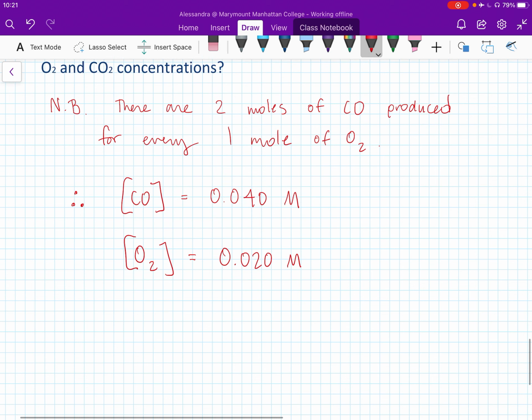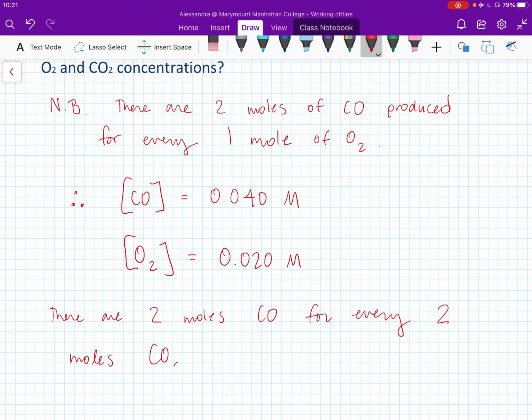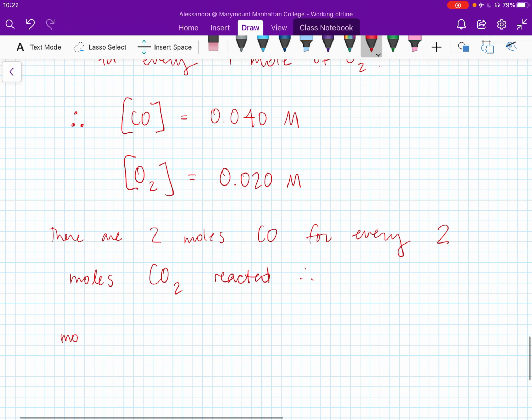So that means that because there are 2 moles of CO produced for every 2 moles of CO2 that are consumed, that means that the number of moles of CO2 that are lost are going to be equal to the number of moles of CO that get created or produced in this reaction.